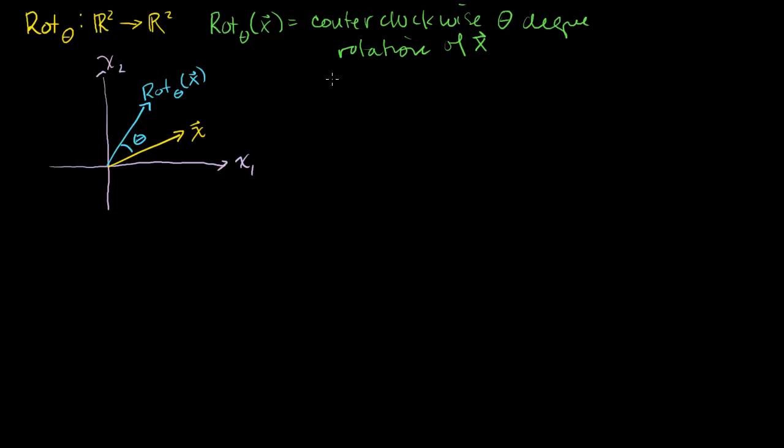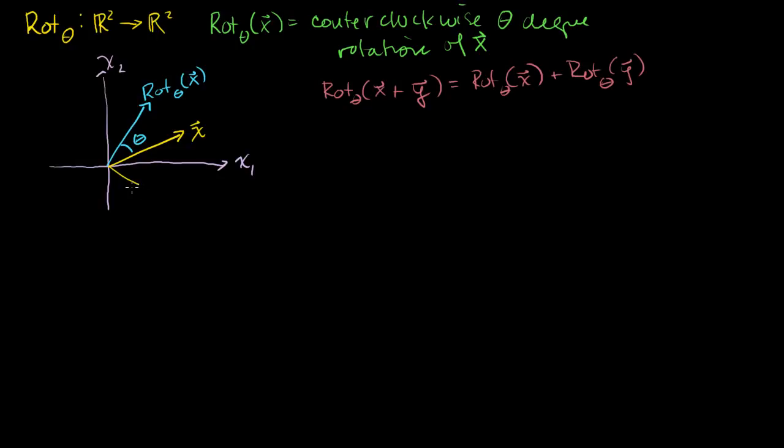We have to show that the rotation through theta of the sum of two vectors is equivalent to the sum of each of their individual rotations: the rotation of the vector x plus the rotation of the vector y. I'll just show that to you visually. This is the vector x. Let's say the vector y looks something like that. I'll draw both of the original vectors in yellow.